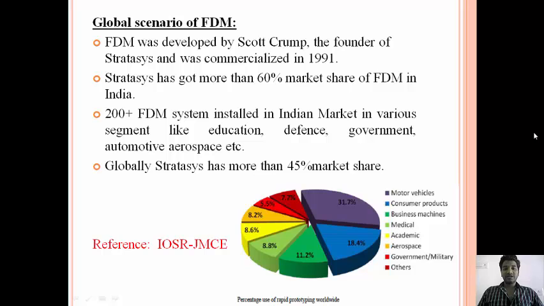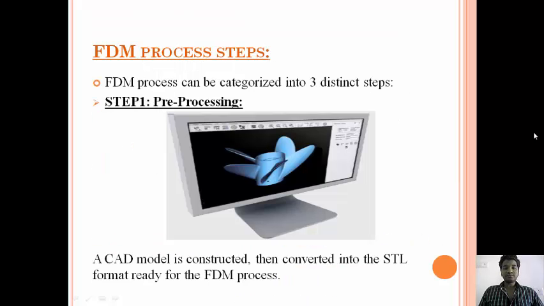Globally, Stratasys has almost 45% of the market share. In the graph shown below, we can see that almost 31.7% is shared by motor vehicles, 18.4% by consumer products, and the rest by business, medical, academic, aerospace, and government.